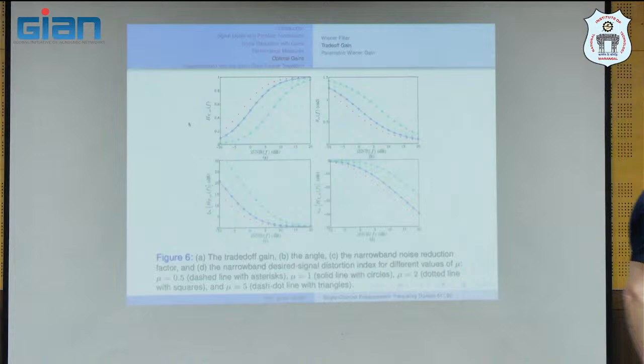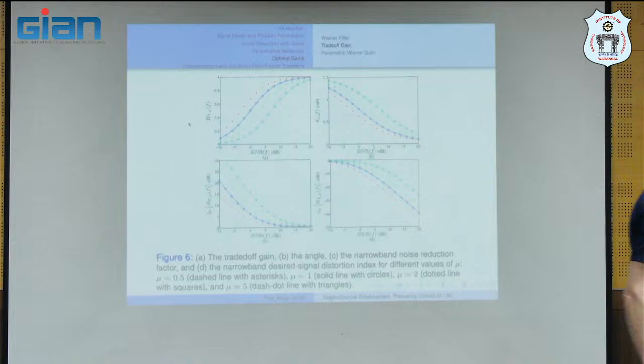But then it will come at the expense of higher distortion. So you see, when the noise reduction increases, also the distortion index increases for a given input.